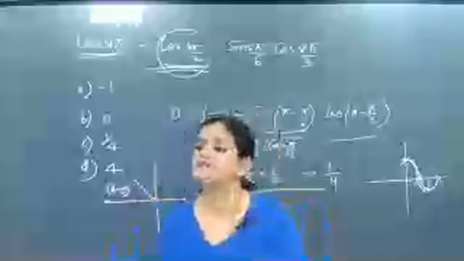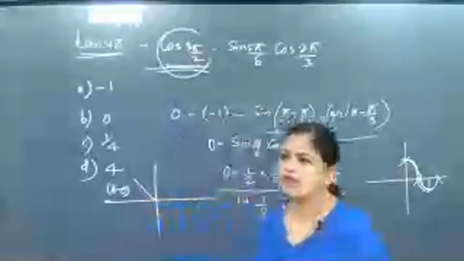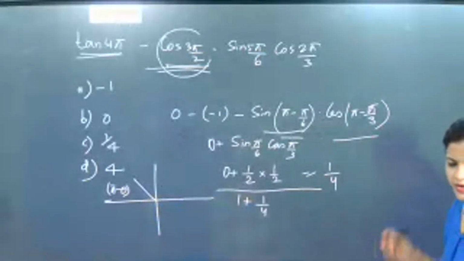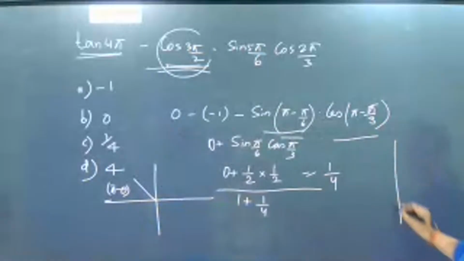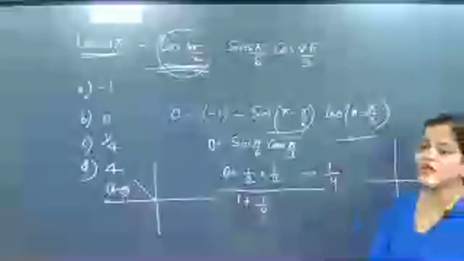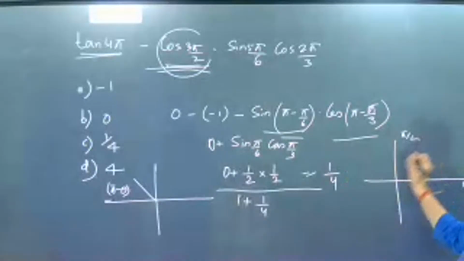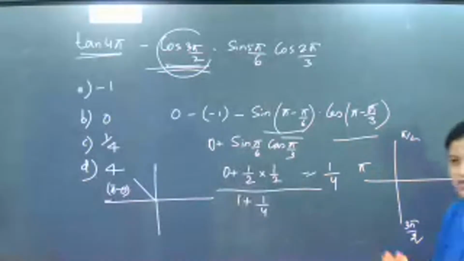Whenever the cos graph is there, please see one thing. Whenever the values are lying on the axis, so here 0, pi by 2, pi, and 3 pi by 2, and 2 pi. So here after complete rotation it is coming. Correct now?